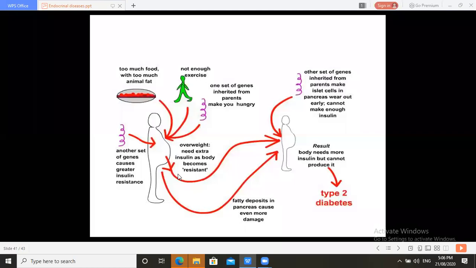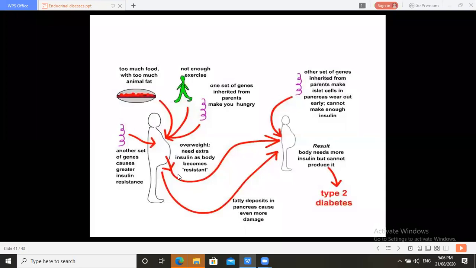Ketoacidosis is a complication in long-term diabetes mellitus. Whenever the hyperglycemic level is present for a long period, this complication can occur. It is common with type 1, but it may happen in type 2 also.